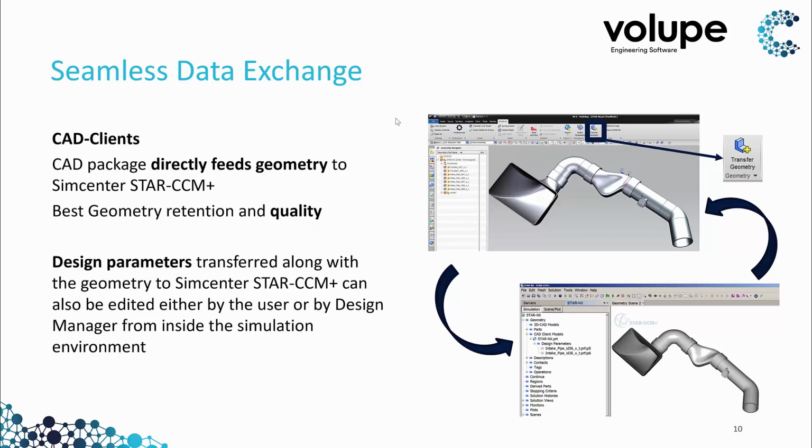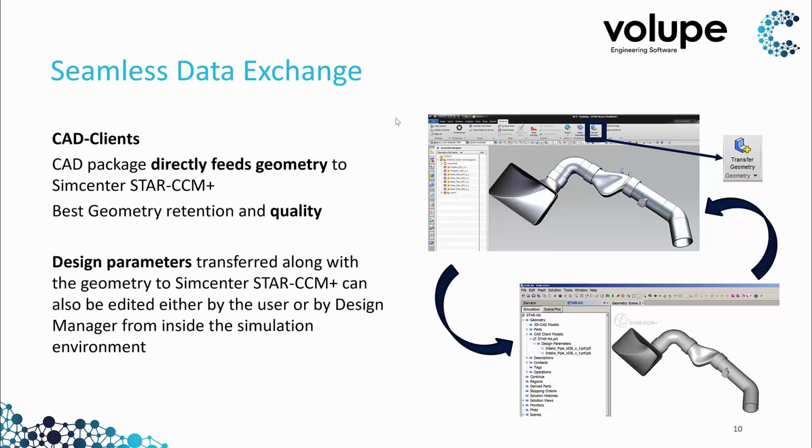In this case, CAD geometry is fed directly to SimCenter Star CCM Plus without any intermediate file format transformation. So there's no quality loss to get the geometry into Star. And it's straightforward to get access to the Star solvers from your NX environment.